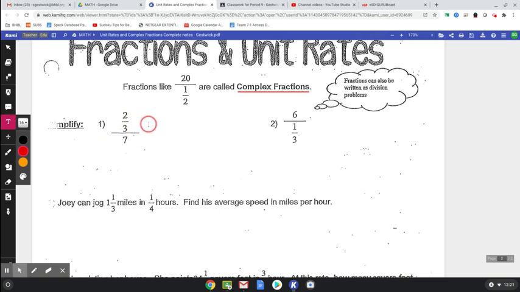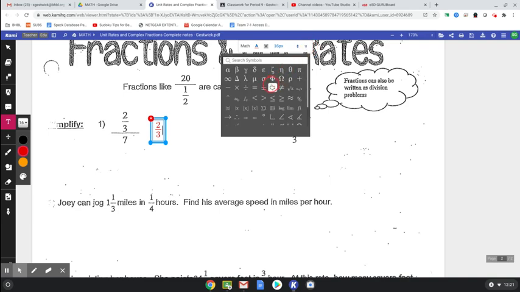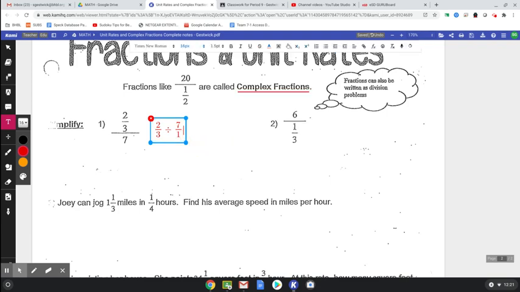So we are going to just rewrite things going across. So 2/3 over 7 really means, let's see if I can do this here, 2/3 divided by, I'm going to use the symbol up here this time. Here it is. 2/3 divided by, and you could say it's 7 over 1, right? Okay, now what are you supposed to do when you divide fractions? Hopefully you're saying keep, change, flip.